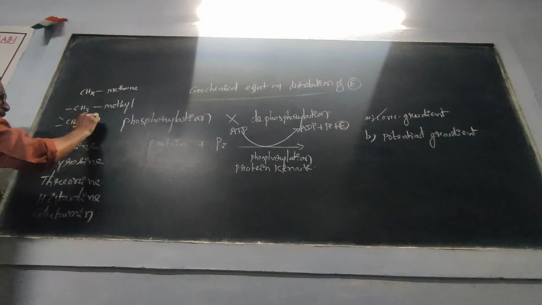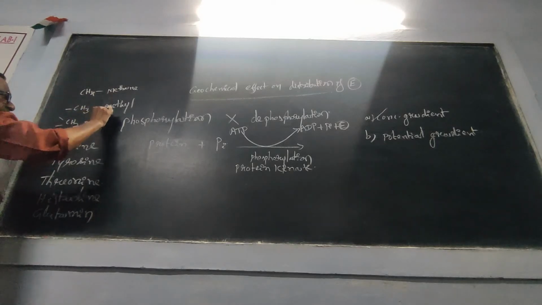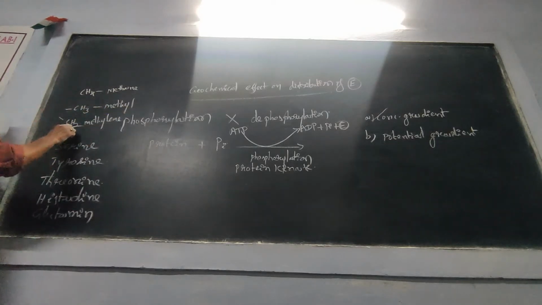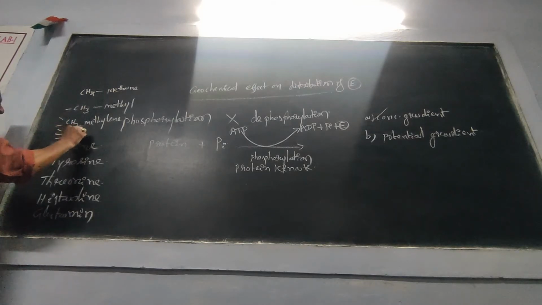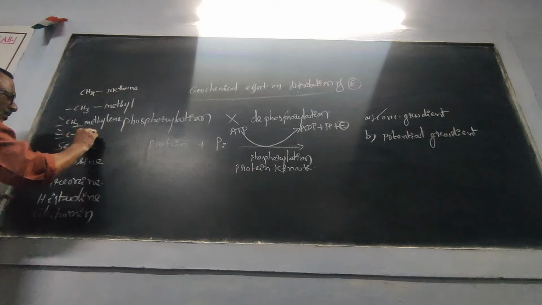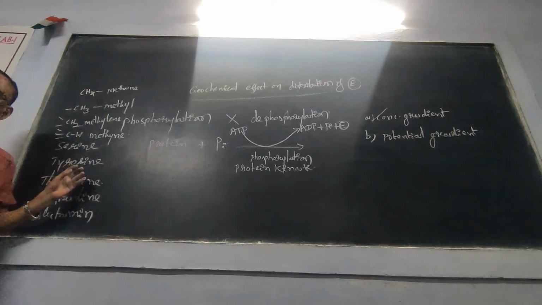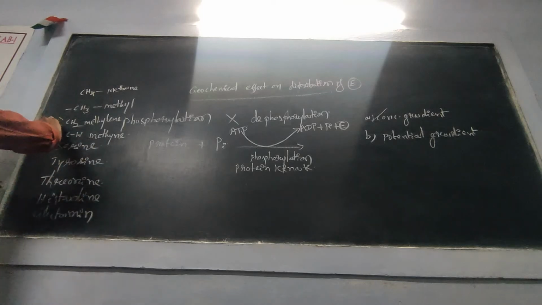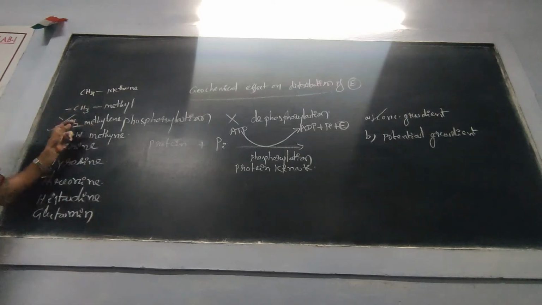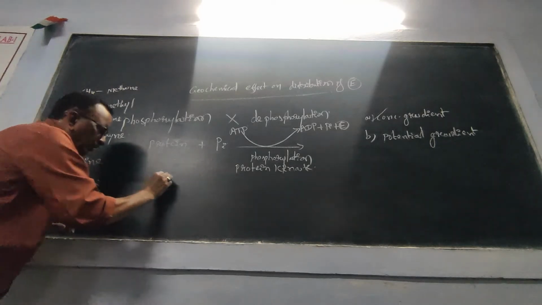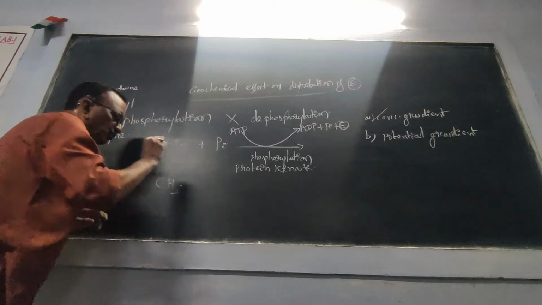This is called methylene. Remove one more hydrogen, then you have CH, which is called methyne. Now, in order to remember this one, CH2.